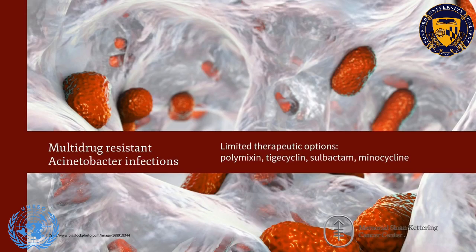Infections caused by multi-drug-resistant Acinetobacter have extremely limited therapeutic options, often restricted to polymyxin, tigecycline, and sulbactam. Limited studies of these agents used either as monotherapy or in combination, including synergistic combination therapy, have been reported, and seemingly there is no obvious first-line therapy.